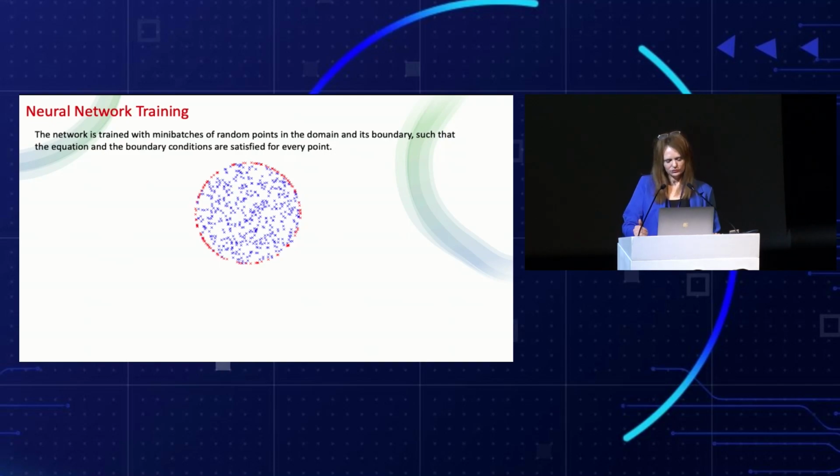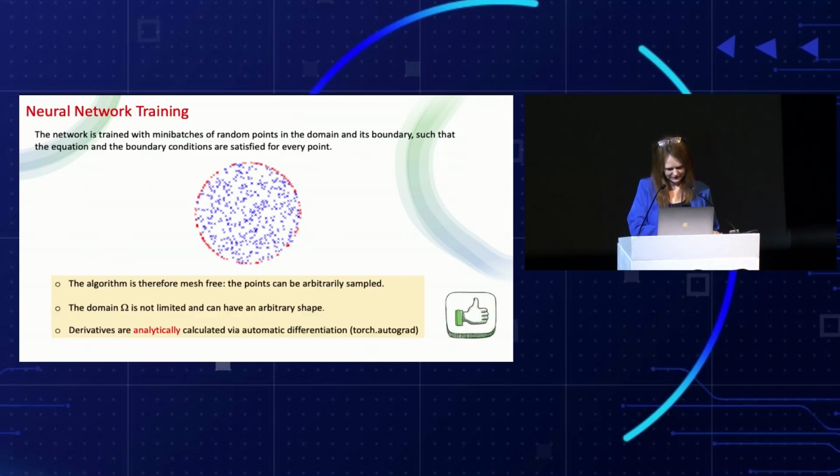In every mini batch, we build a loss function such that the equation that we want to solve is satisfied for every point. So there is no supervision, it is unsupervised. We take care of the points to satisfy the equation that we want. I will explain it in one minute.